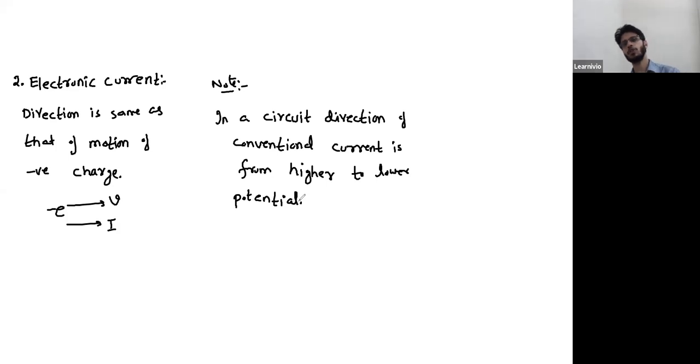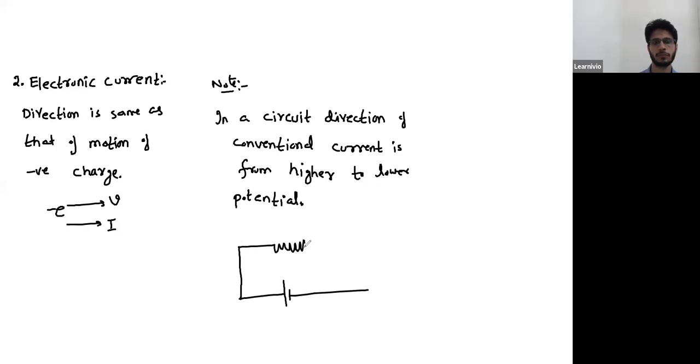So if I give you a circuit with this resistor R, then the direction of current is from the positive terminal to the negative terminal. This is the direction of conventional current, from high to lower potential always. Okay, just note it down, then we'll do the next topic.